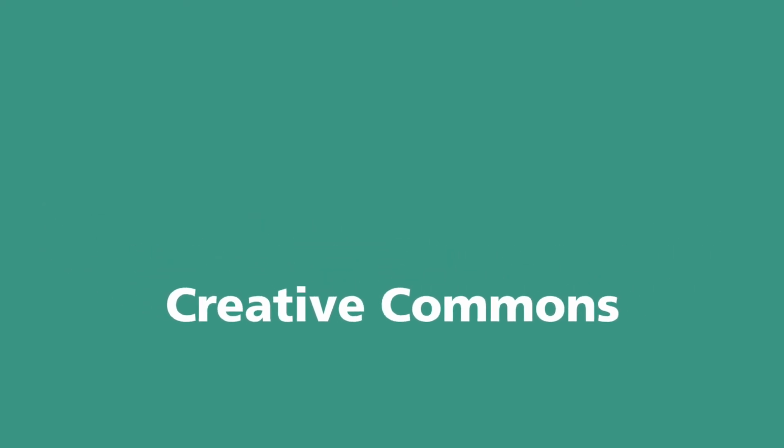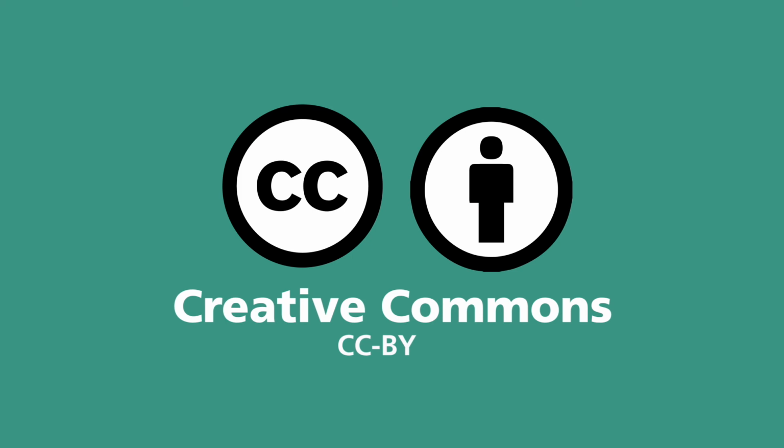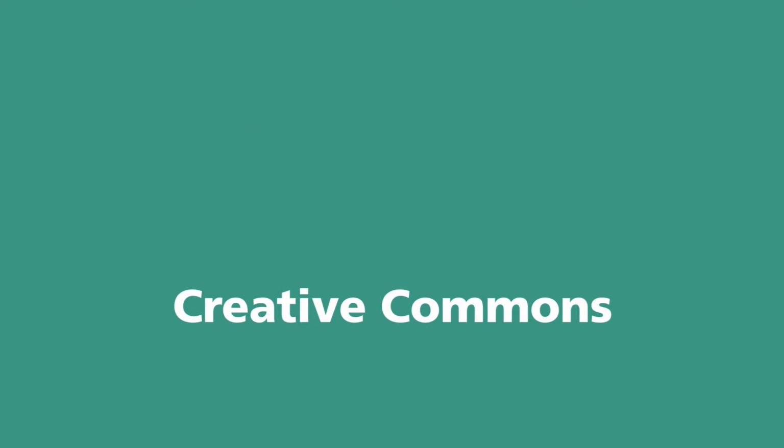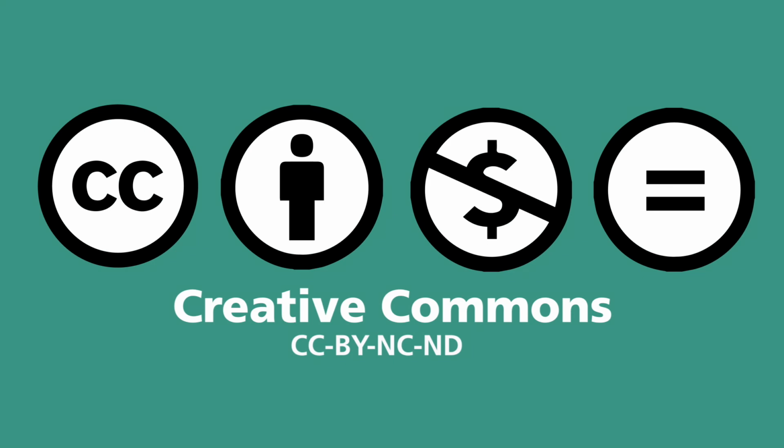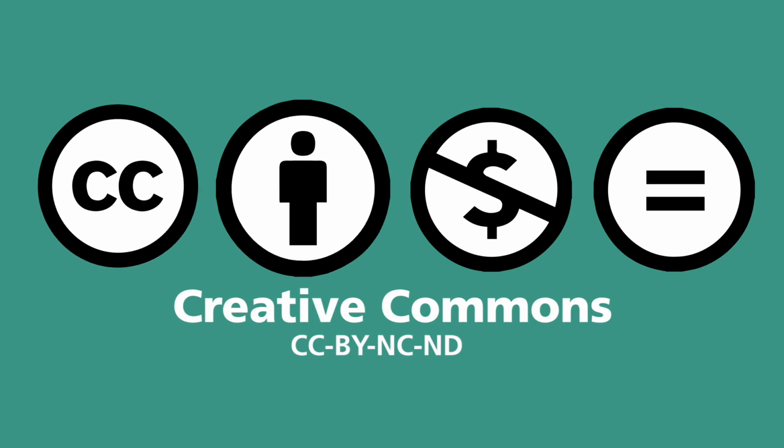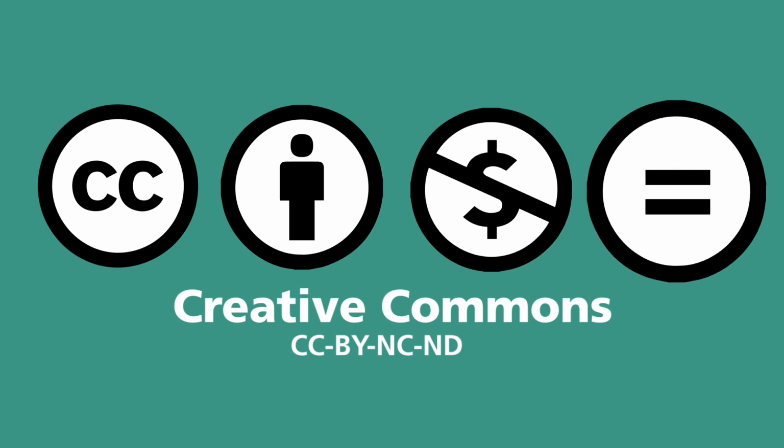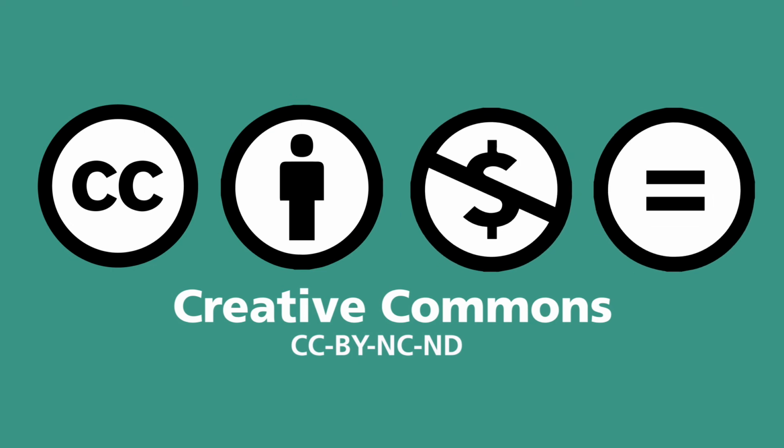For example, if you select the Creative Commons Attribution License, CC BY, others may use your data for any purpose, as long as they give you credit the way you request. Or you can choose to restrict the use of your data, so others are not allowed to use your work for commercial purposes, and neither can they make any adaptations of your work. This is the Creative Commons Attribution Non-Commercial No Derivatives license.